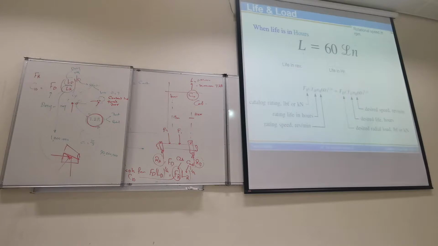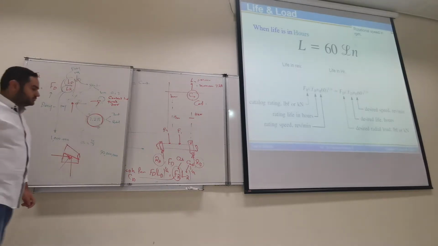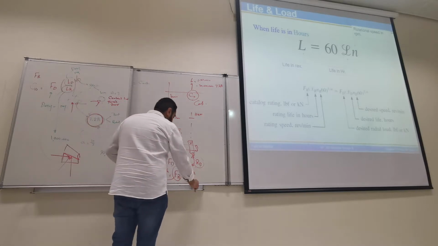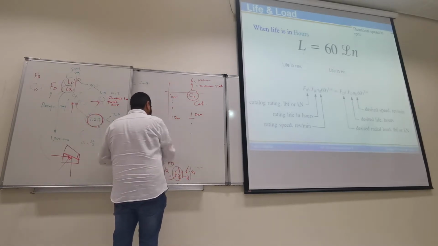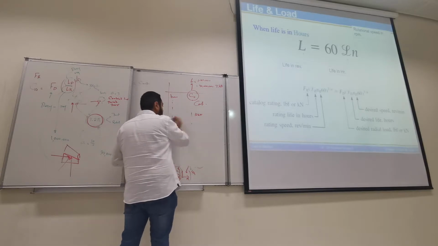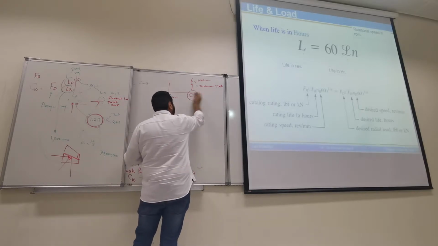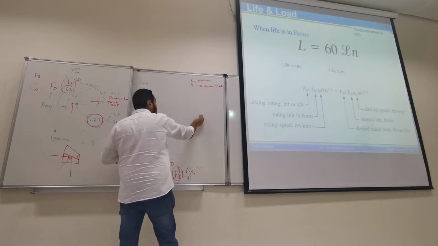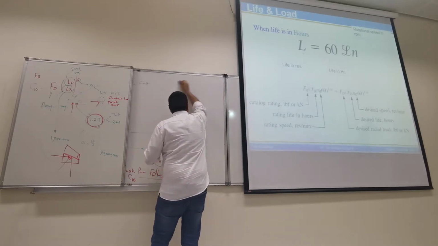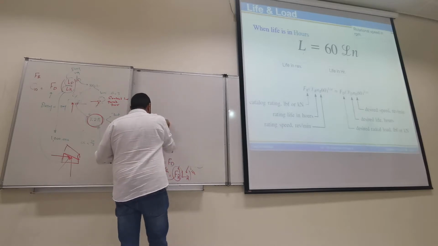Now, one thing we have to be careful about is the life of the bearing. The customer will not come and say, I need the bearing to live for 20 million cycles, 30 million cycles. But what information he can give is the number of operating hours and the speed of the machine.